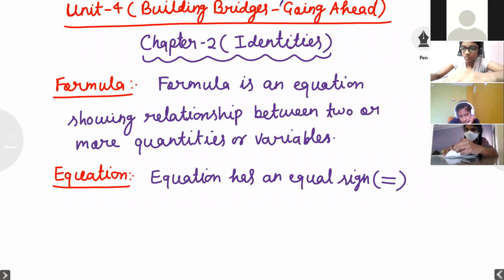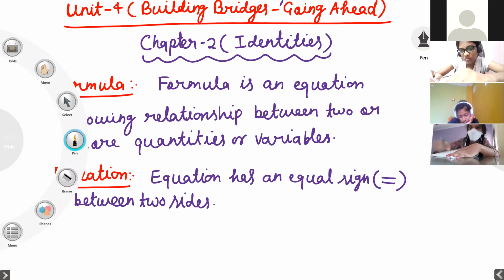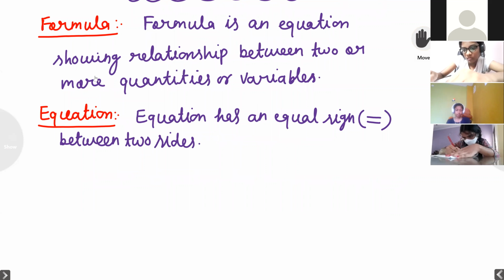Equation has an equal sign between two sides. How to identify this is equation? Wherever we are getting an equality symbol, that is called equation.